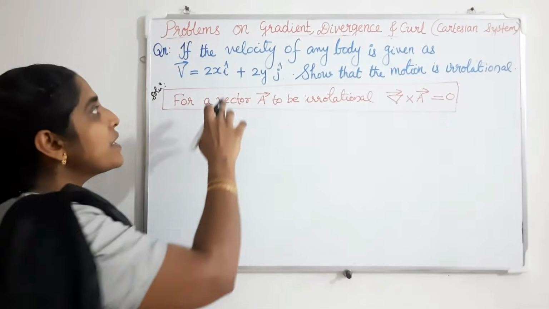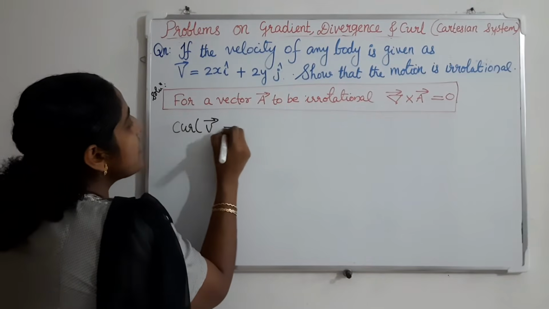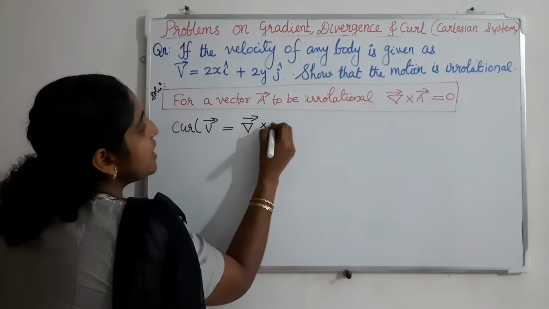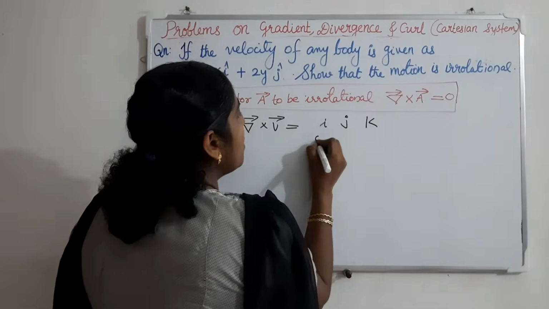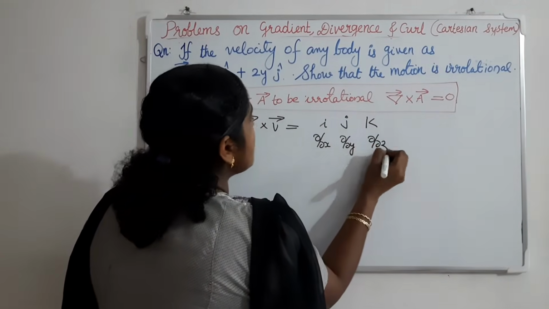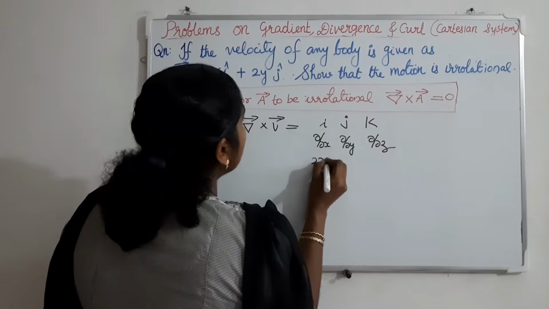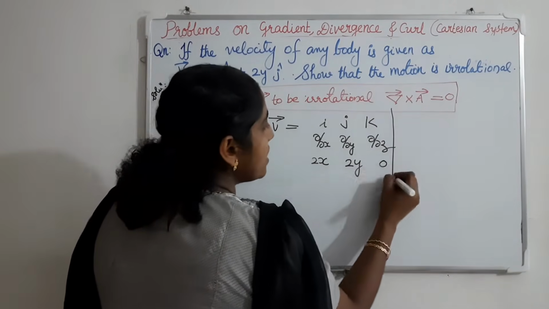So we can find out the curl of the given velocity, that is curl V is equal to del cross V, which is the determinant with i, j, k; dou by dou x, dou by dou y, dou by dou z; and the V vector components 2x, 2y. There is no z component, so here it is 0.